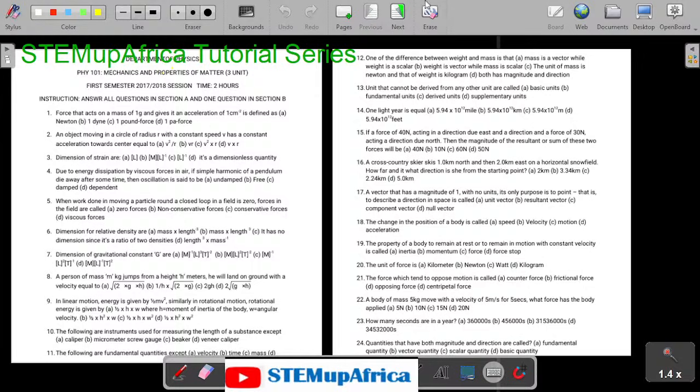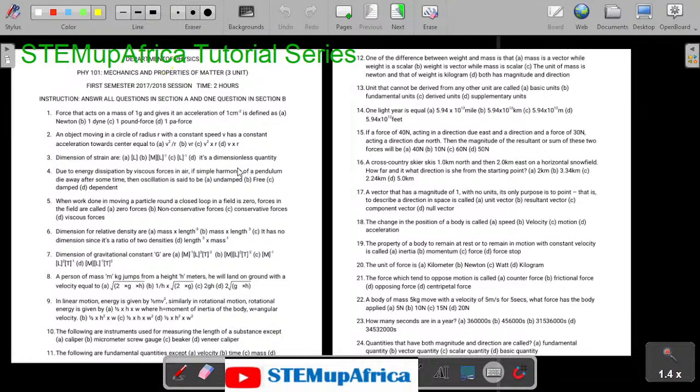A force that acts on a mass of 1 gram and gives it an acceleration of 1 centimeter per second square is defined as what? This question is all about SI units.